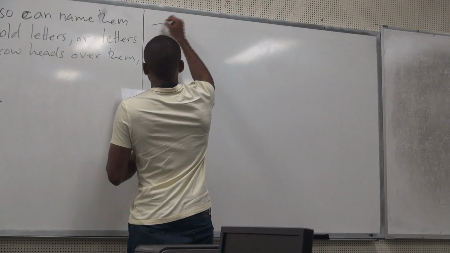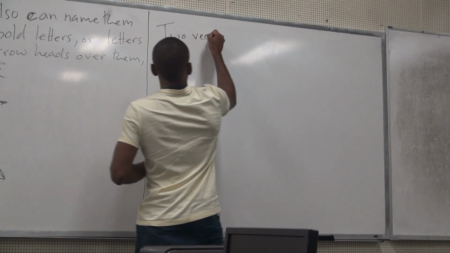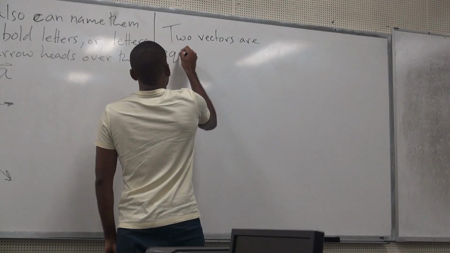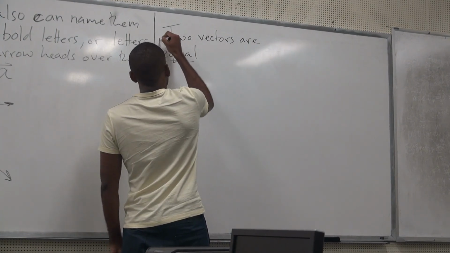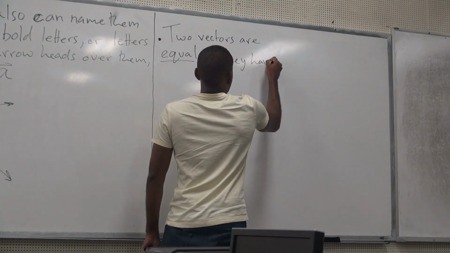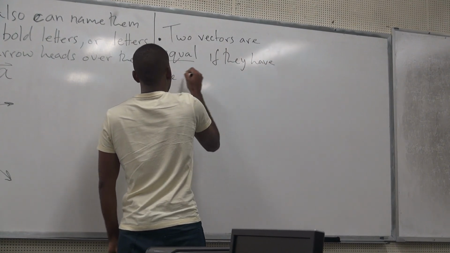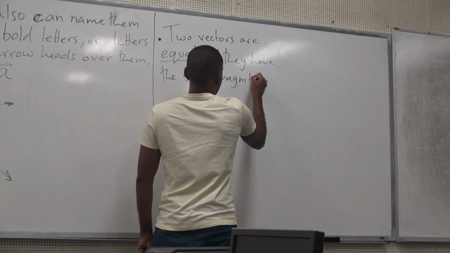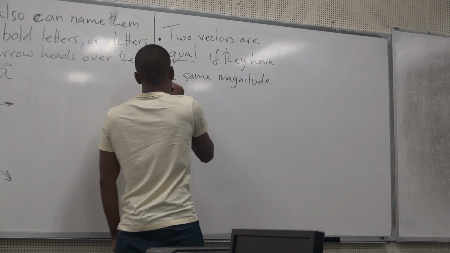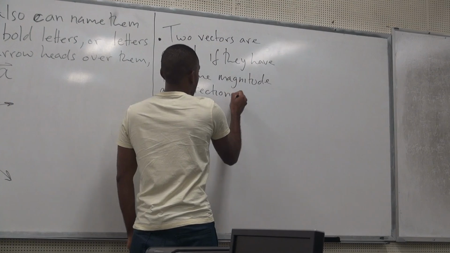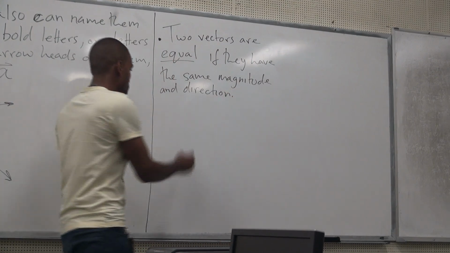Another definition: two vectors are equal, and that's literally all they need to be equal.